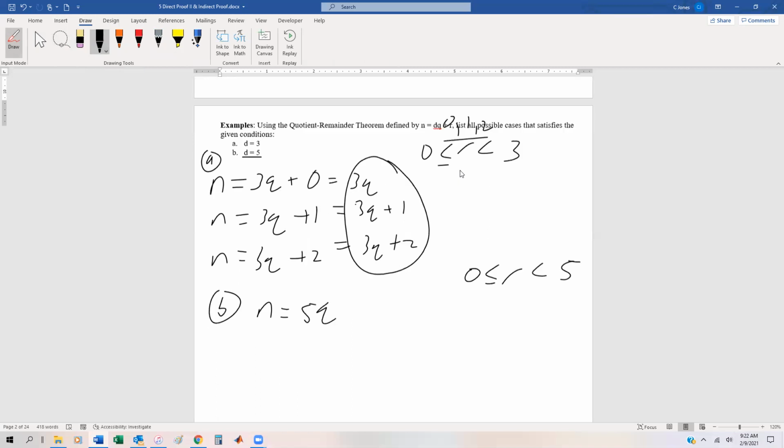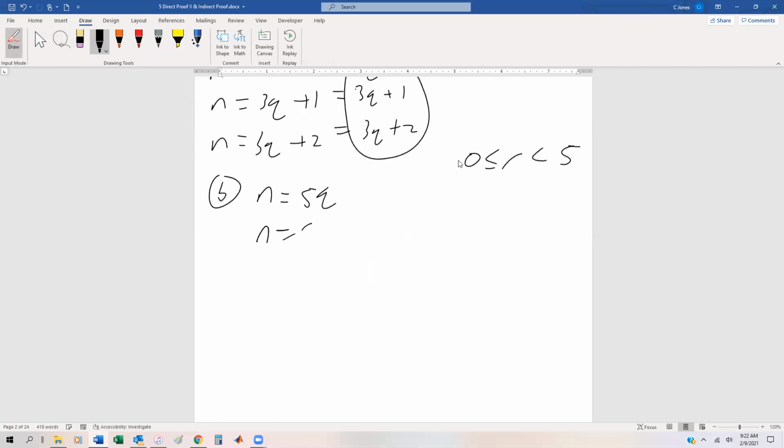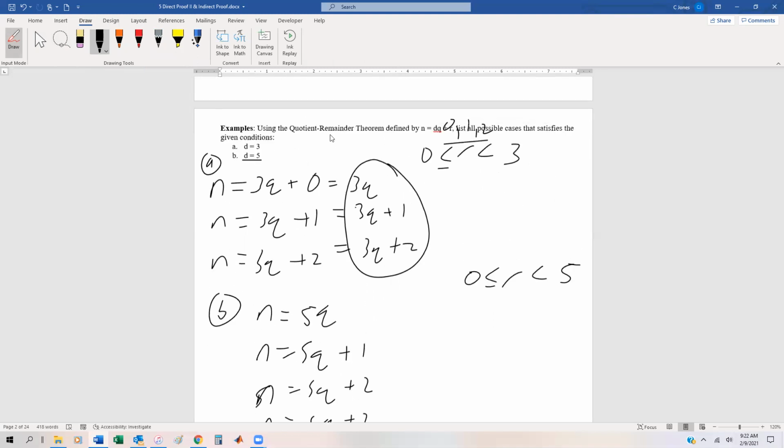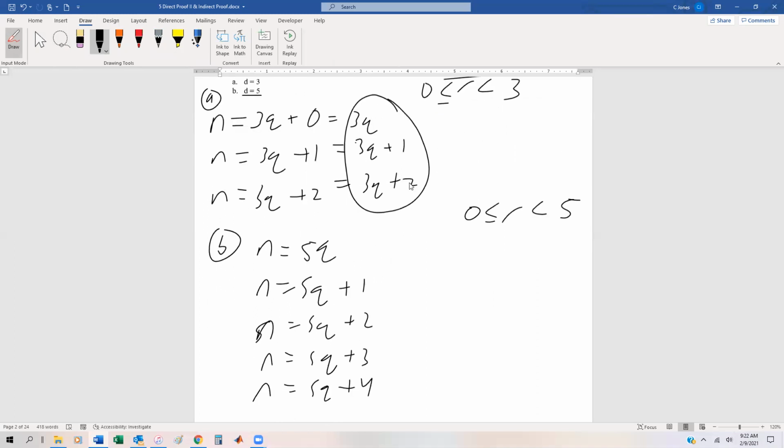And then we could just go all the way up from there. So n would be 5q plus 1, n would be 5q plus 2, n equals 5q plus 3, and then n equals 5q plus 4. So hopefully that makes sense as to how to define the quotient remainder theorem, and then use it to build the different cases that would satisfy.